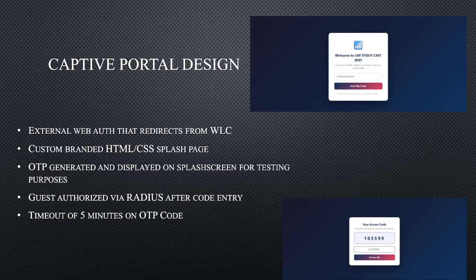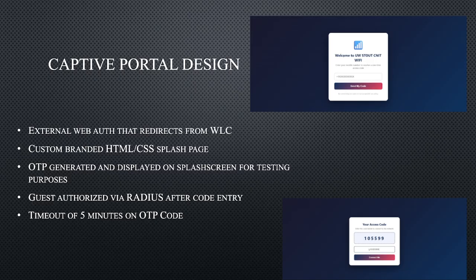Okay, so now that we've moved past that, I want to talk about the design of my portal. Basically, the way that it works is it's an external web auth that redirects from the WLC. So when a client connects to the guest network and they open their browser, they will automatically be redirected to my page. And to do the splash page, I took the HTML file from the splash page lab and I tweaked it a little bit.